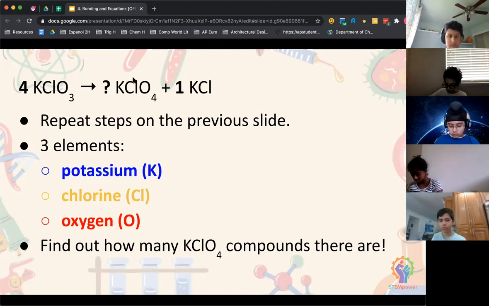And when someone has an answer, just feel free to unmute yourself and share. Does anyone have an answer to how many of the mystery compounds there are?